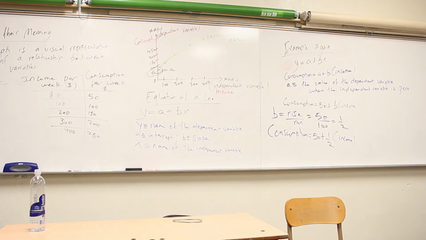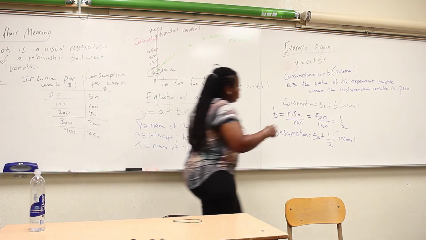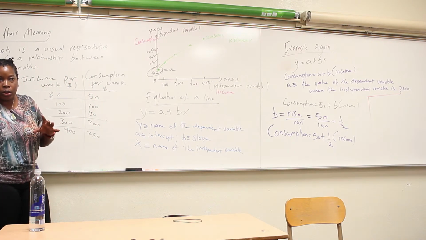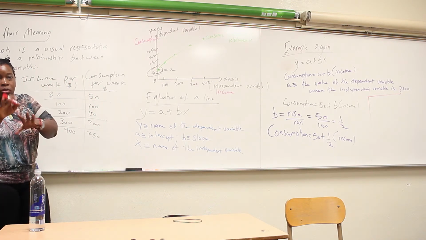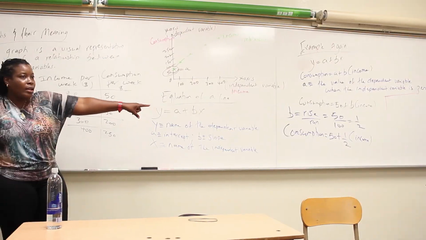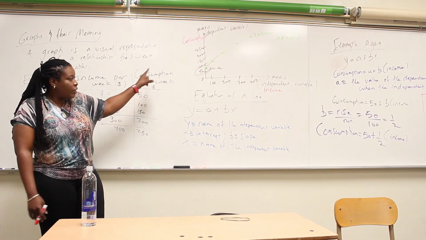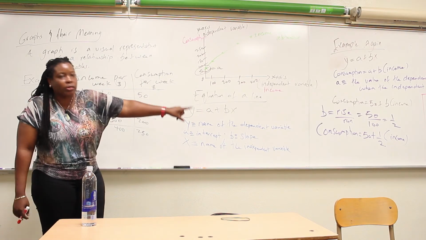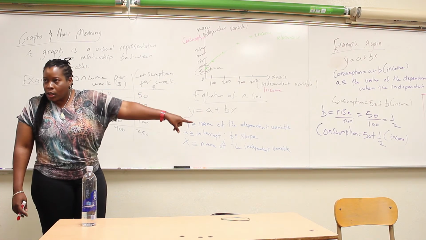Positive. So I'll put this in a little note over here. When we did rise over run, and you told me the relationship is positive, when you put that B in the equation, a positive relationship needs to have a positive sign. That's why we have plus a half times income.